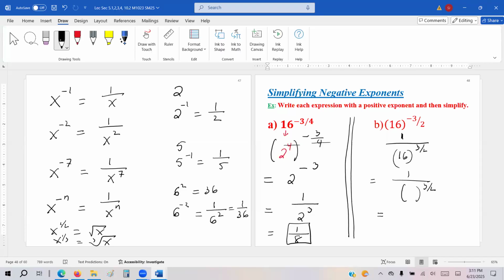So what square will give you 16? 4. And then what happens? The 2s cancel out. So you have 1 over 4 cubed. And what is 4 cubed? 4 times 4 times 4? 64.